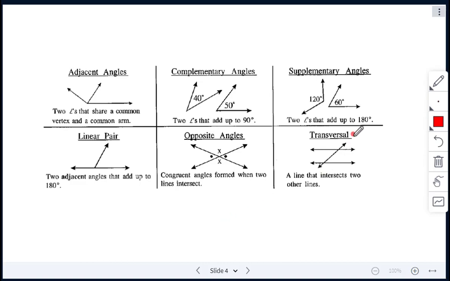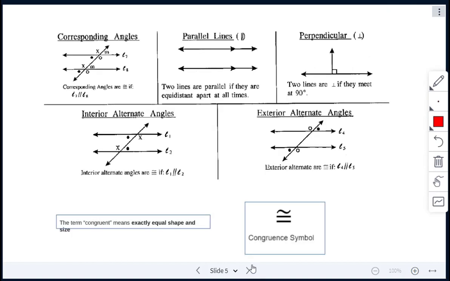Here we're looking at a transversal. A transversal is a line going through two other lines. This line here that is intersecting these two lines is the transversal. Next we're looking at diagrams that deal with transversals. Here we have corresponding angles.